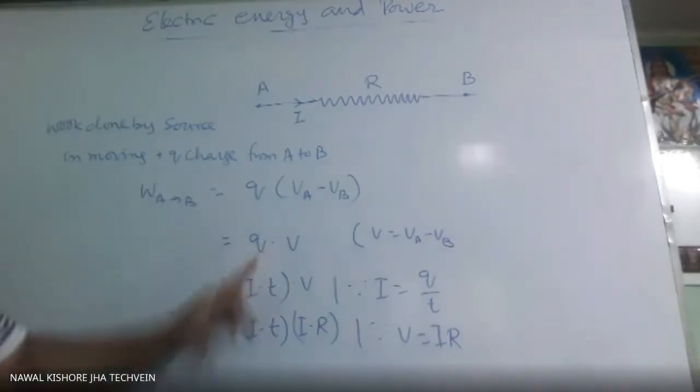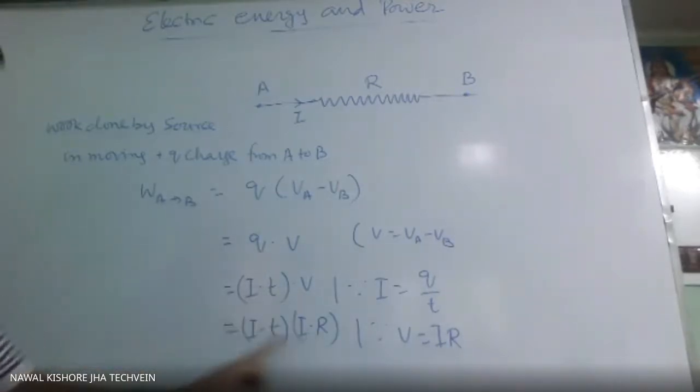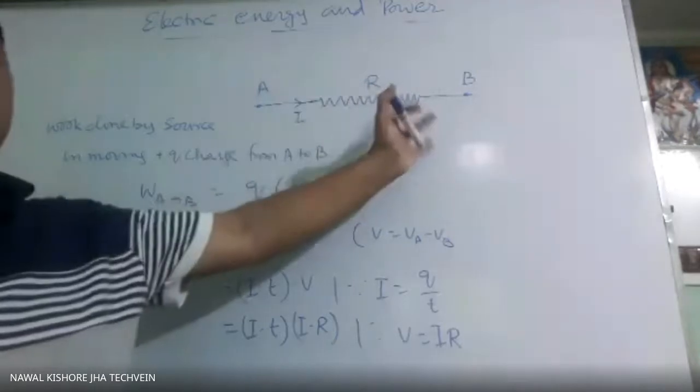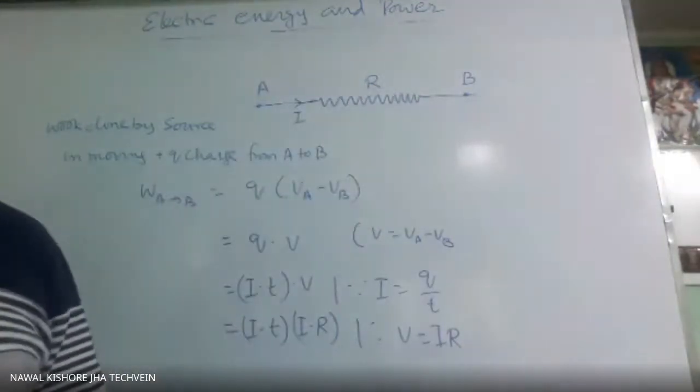So it is QV, VIT or I square RT. Now sometimes I will not be given, V and R will be given. Then we can change I in terms of V and R. So work done by source, or energy supplied by source, or energy dissipated in the appliance, all three meaning is same.